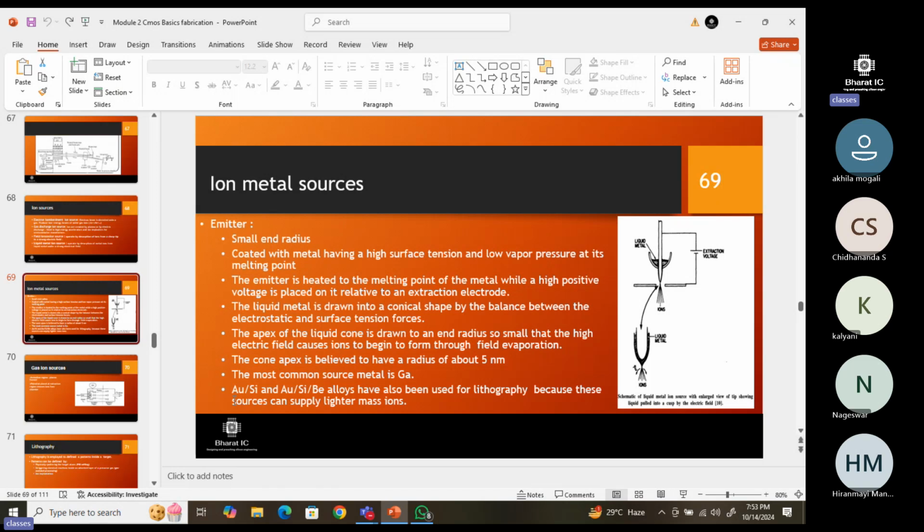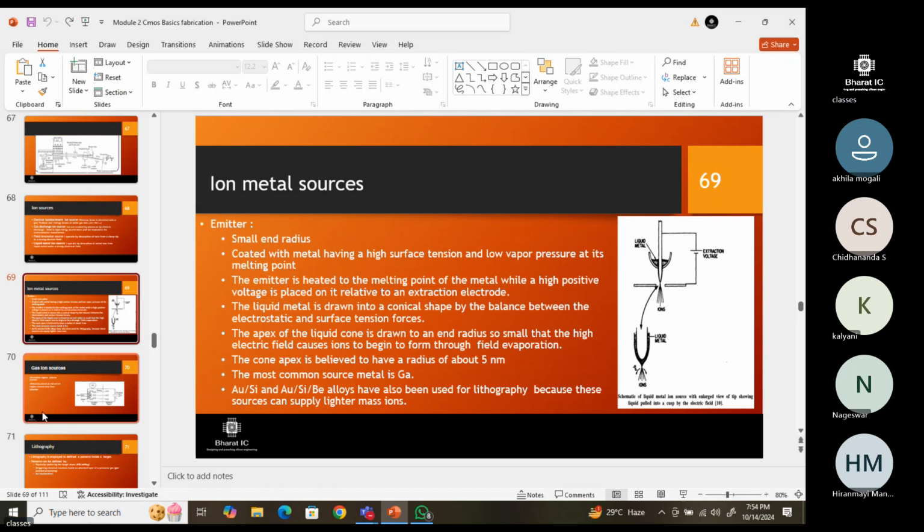The cone apex is believed to have a radius of 5 nanometer. The most common source here is gallium, and AuSi or AuSi-Be alloy is also used because they produce lighter mass ions. These are the advantages and the making of the ion metal source.